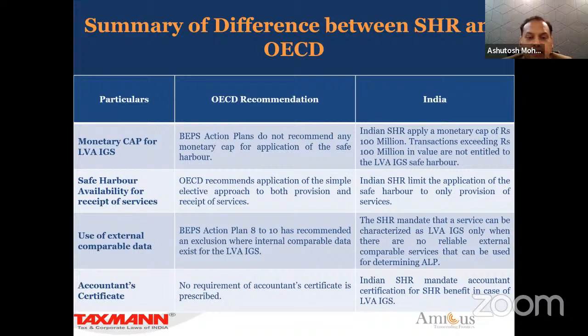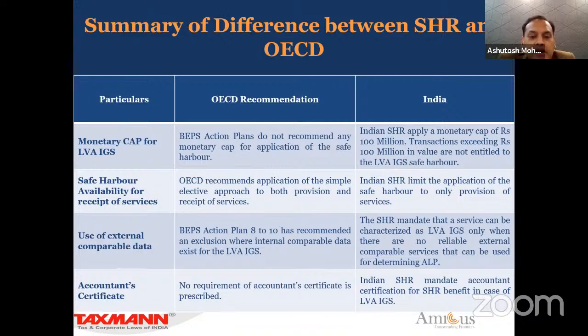The kingpin of the criticism is the use of external comparable data, which I just mentioned. OECD has recommended that safe harbor should not be applied in a scenario where you have internal comparable data. That is to say, if within the group you have comparables available, which is referred to as internal CUP. But Indian safe harbor has chosen to exclude safe harbor when there is reliable external comparable data available.